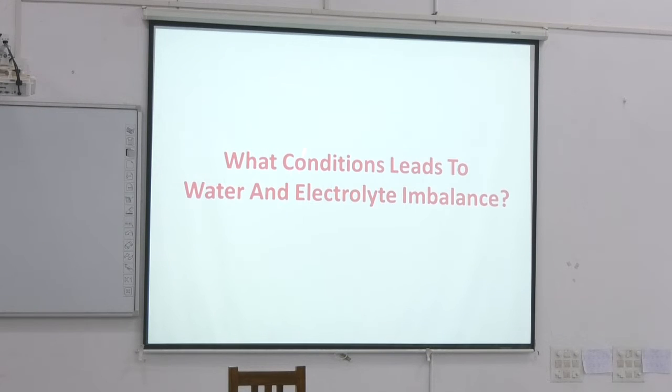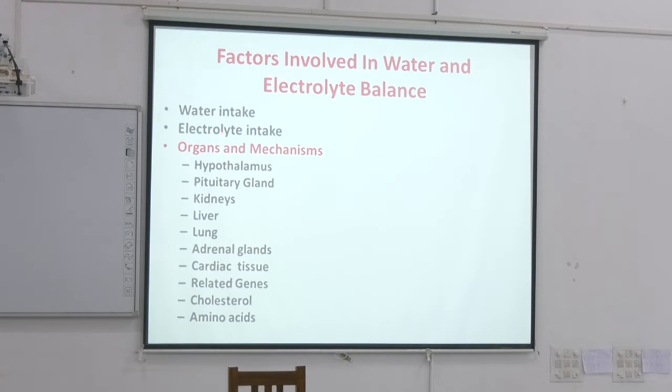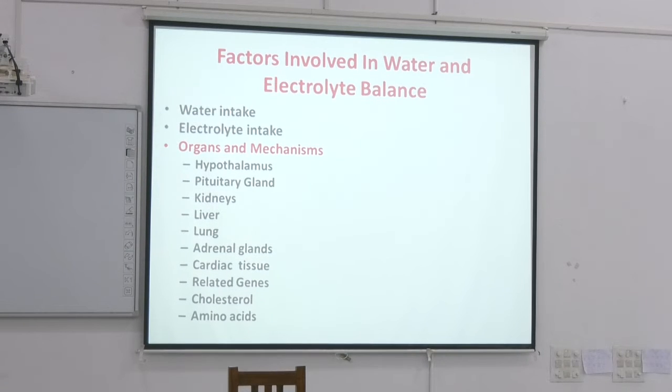Now, what conditions lead to water and electrolyte imbalance? We are discussing here the clinical conditions associated with that. The first one is water intake, a factor involved in water and electrolyte balance. In many conditions, the person denies taking water, such as in severe illness, in the case of coma.